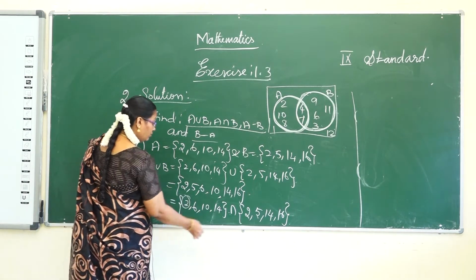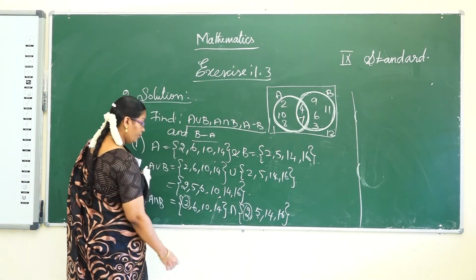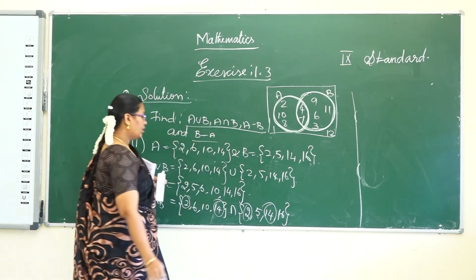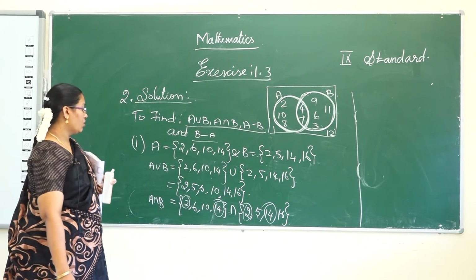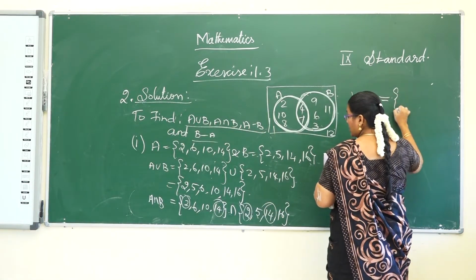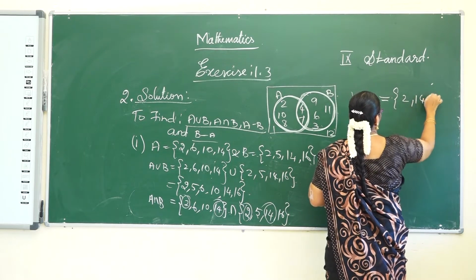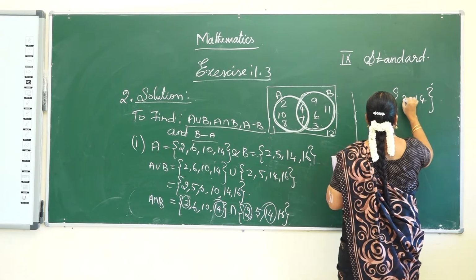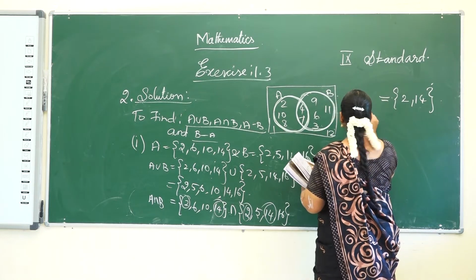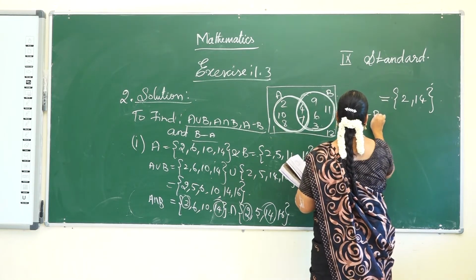So this one, 2, any other elements, 14. Okay. So the remaining are different. So the A intersection B is 2 and 14.